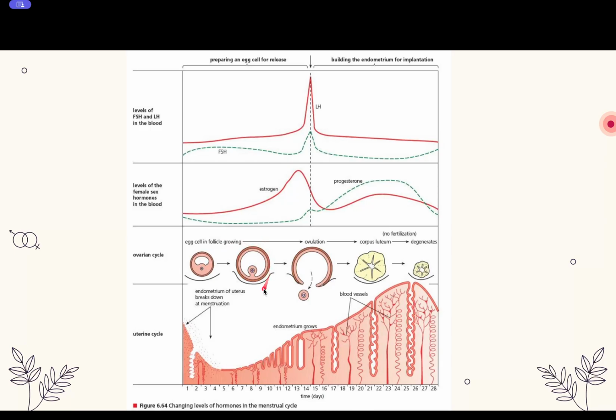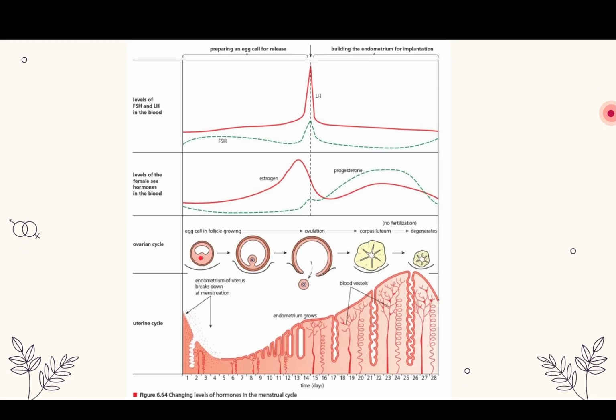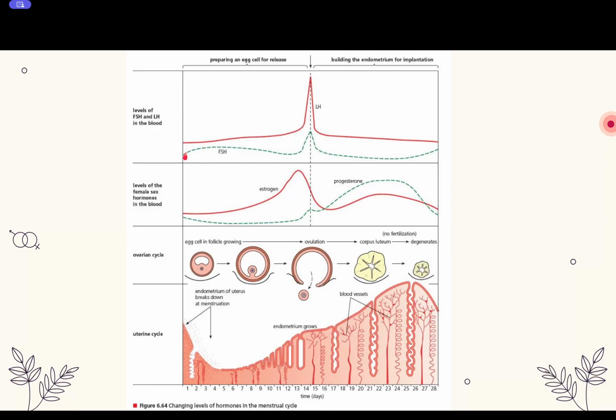And this development also occurs at the same time as the increase in estrogen. FSH will trigger an increase in estrogen. So as you can see, FSH rises here, estrogen starts to increase.